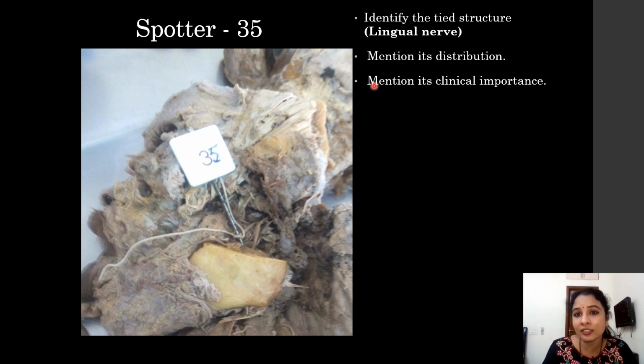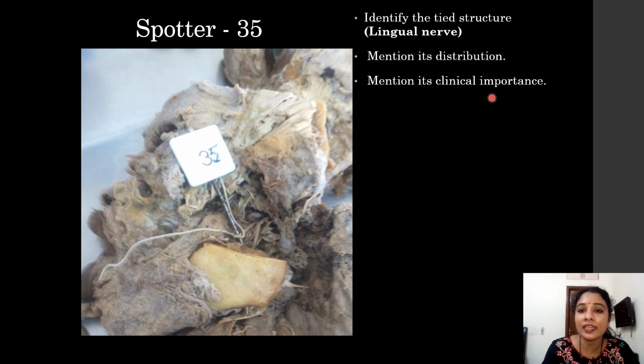It supplies the anterior two-thirds of the tongue with general sensation, and it contains the chorda tympani nerve along with it to supply taste sensation as well. So general sensations are supplied to the anterior two-thirds of the tongue via the lingual nerve.